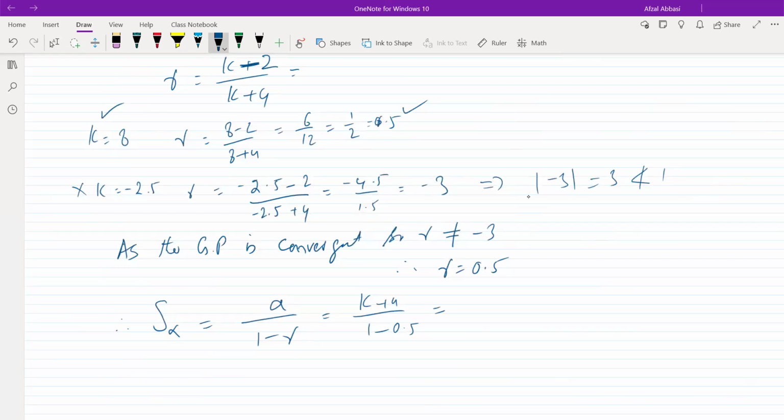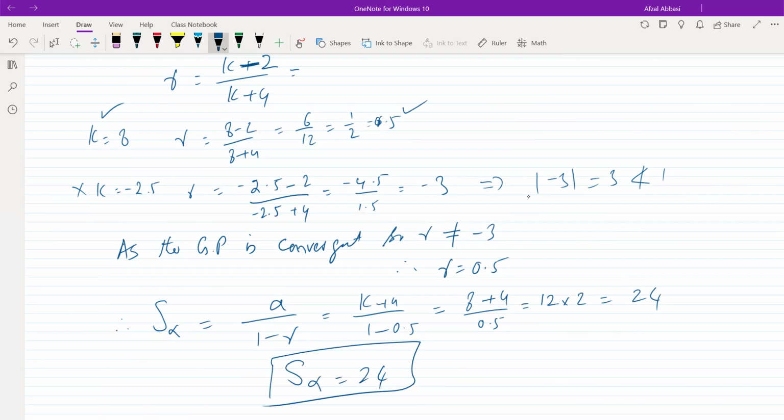So k is 8, so we take 8 plus 4 over 1 minus 0.5, which is 0.5. So it is 12 times 1 over 2, which is 24. So the sum to infinity is 24 for this question.